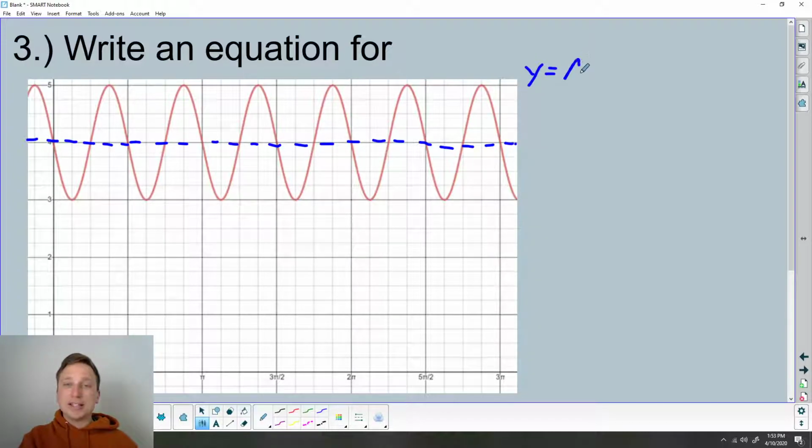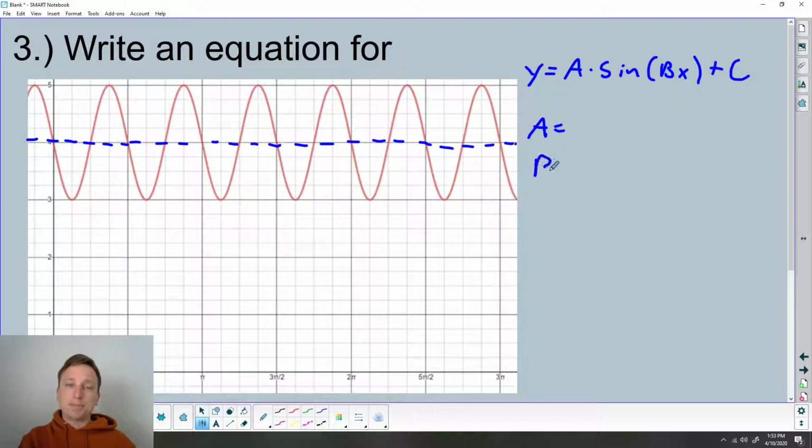So this is y is some amplitude times sine of some b value determining a period times x plus some c value, which is determining what our vertical translation is. So what we need to find is A, our amplitude.